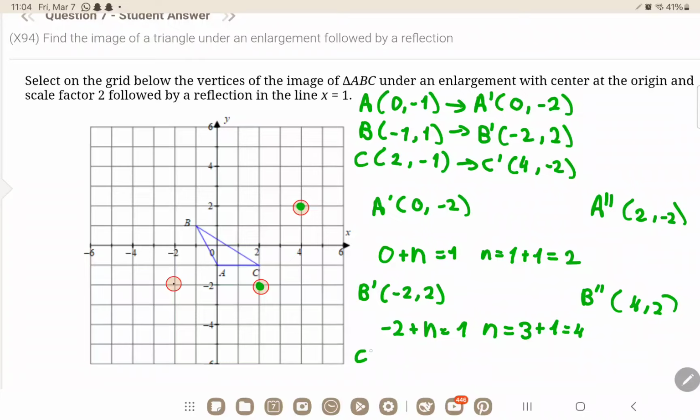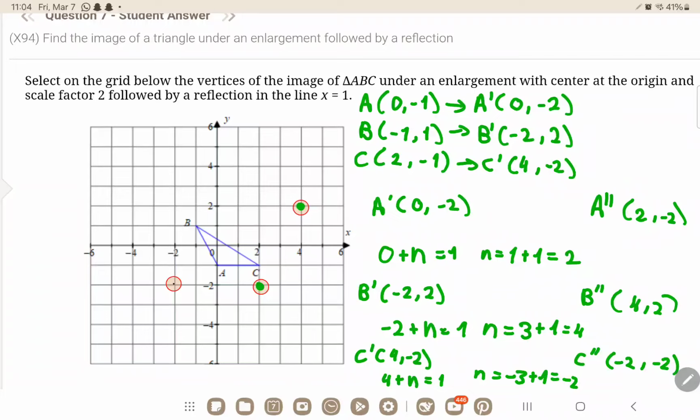Now C prime is 4, -2. C prime, something, -2. Now 4 plus n equals 1. N equals -3. -3 plus 1 equals -2.